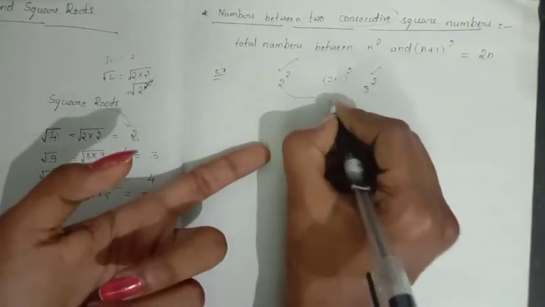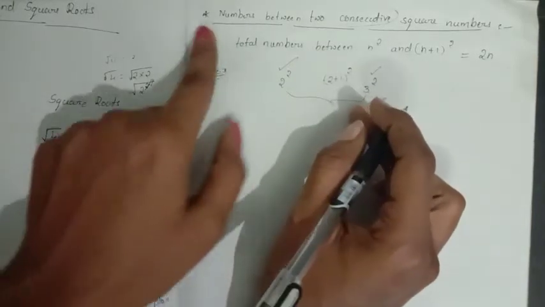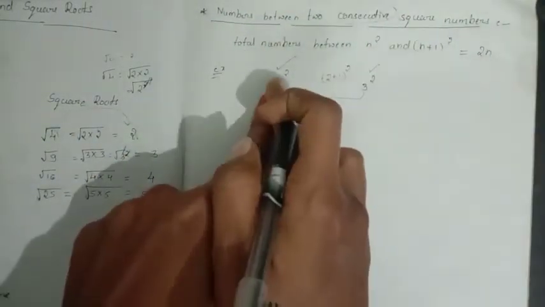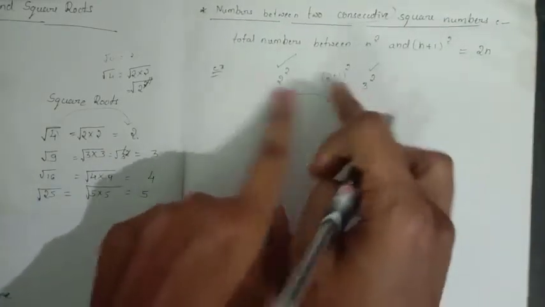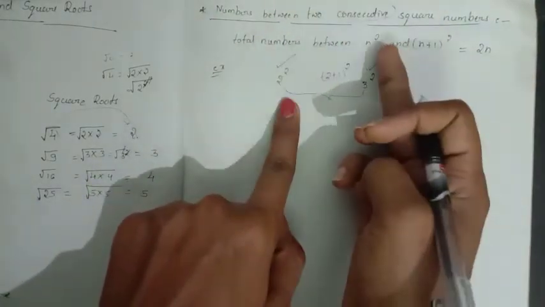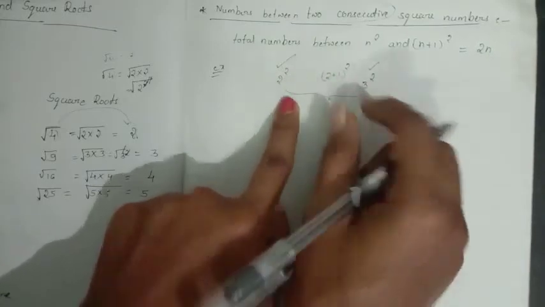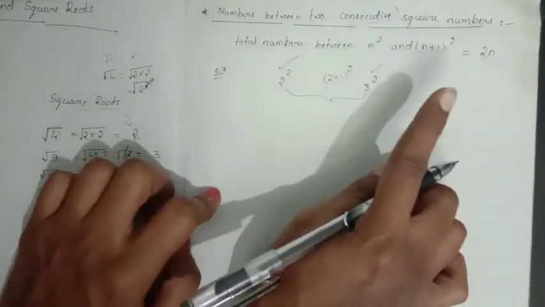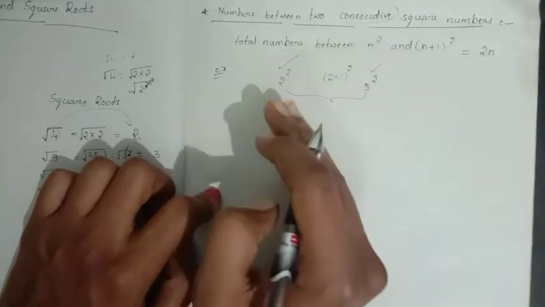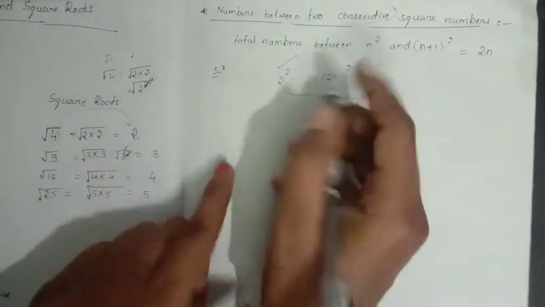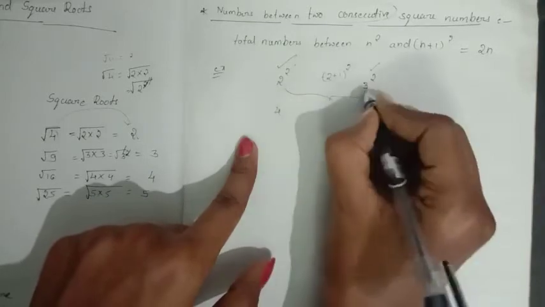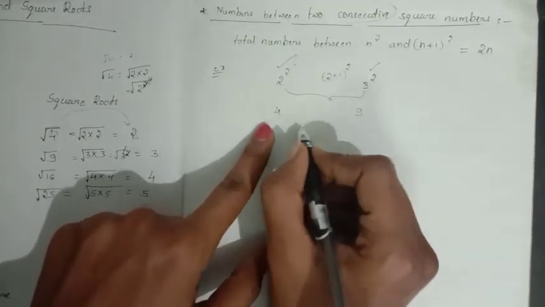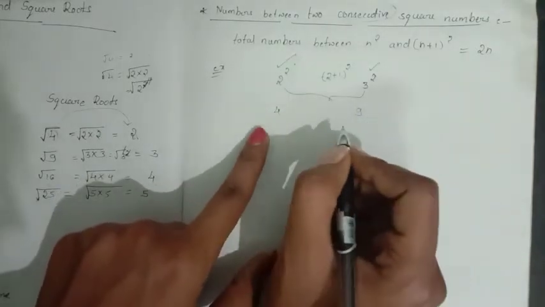From these two you have to find the numbers between the two consecutive square numbers. 2 is one number, 3 is the other. These are the consecutive square numbers. How many numbers will lie between them, that you have to find. What is the usual method? 2 square is 4 and 3 square is 9, and whatever numbers come in between, you tell those.